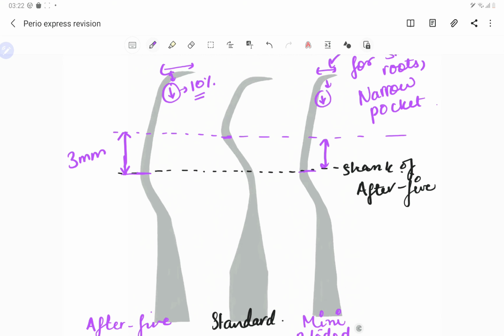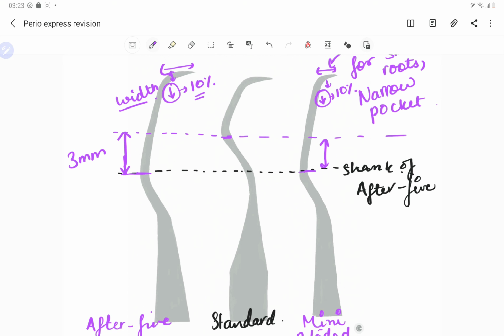So it is also decreased width. We are talking about the width of the blade. That is decreased by 10% for the mini 5 as well, and for the after 5 and mini 5, both the shanks are longer.